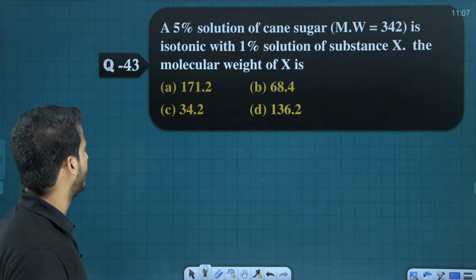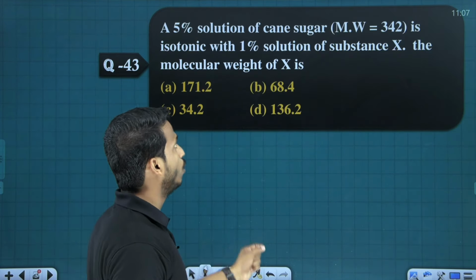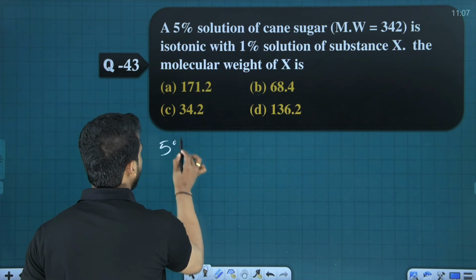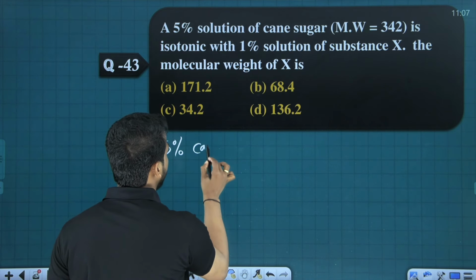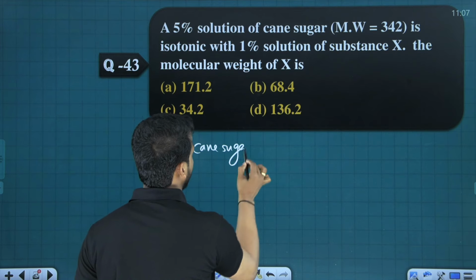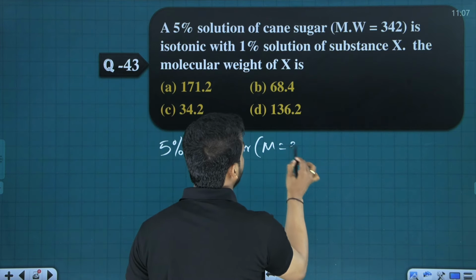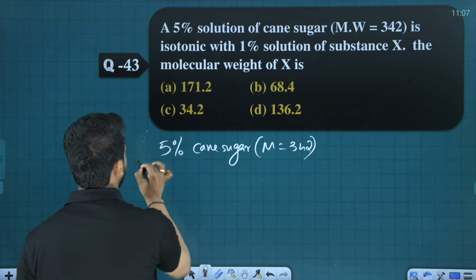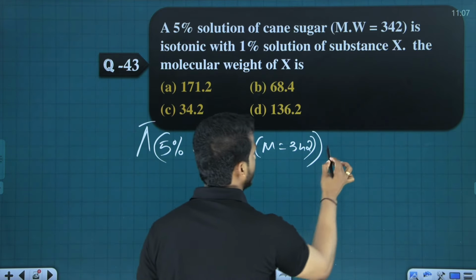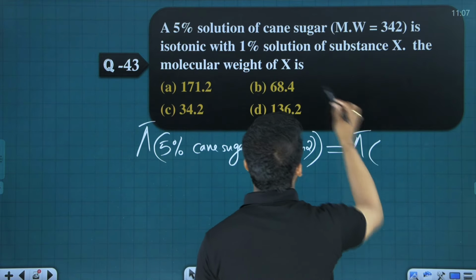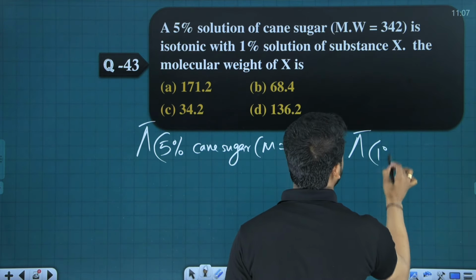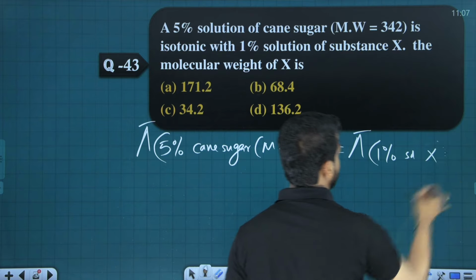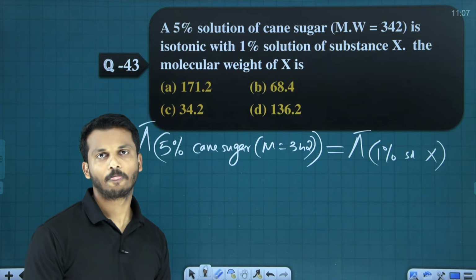Next question 43. A 5% solution of cane sugar, whose molecular mass is given as 342, is isotonic. What is meant by isotonic? Its osmotic pressure is equal to the osmotic pressure of another 1% solution of X. Calculate its mass.